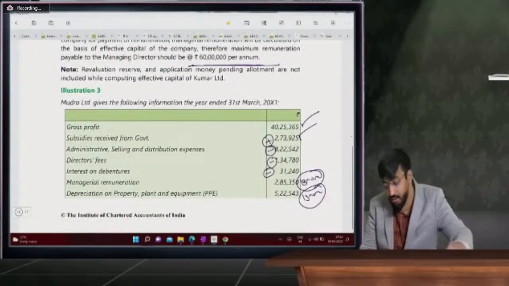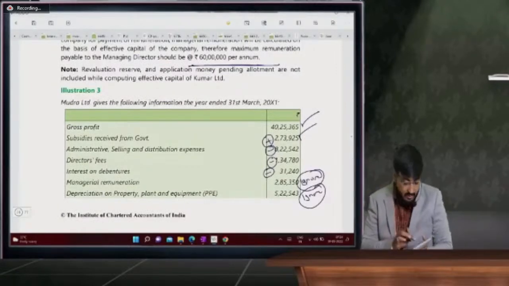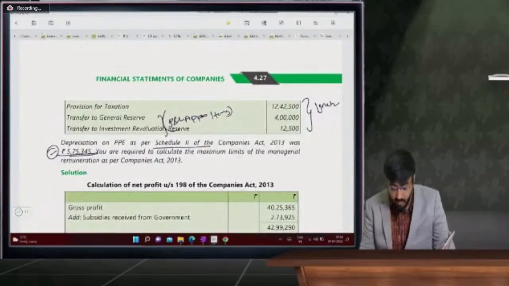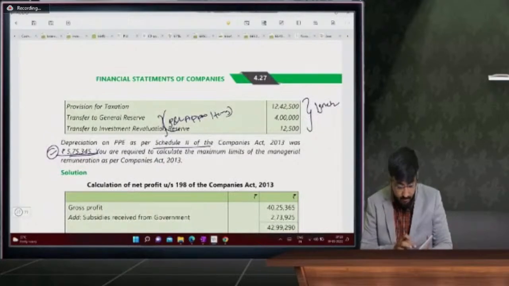Gross profit we are going to add. So take on calculator 40 lakh, 25,365 plus 273,925 minus 822,542 minus 134,780 minus 31,240. Then we'll deduct 575,345.